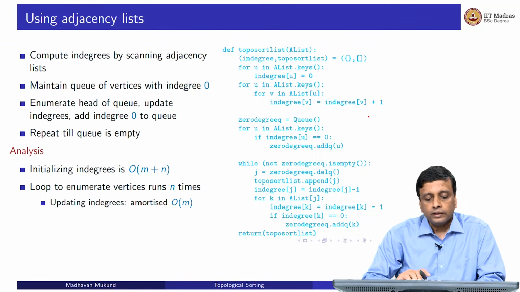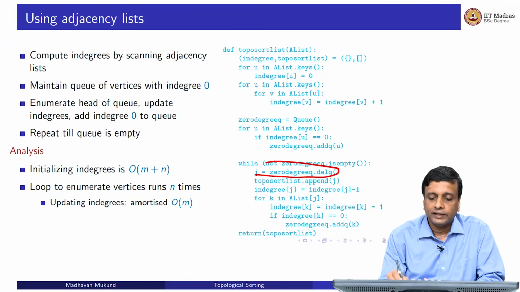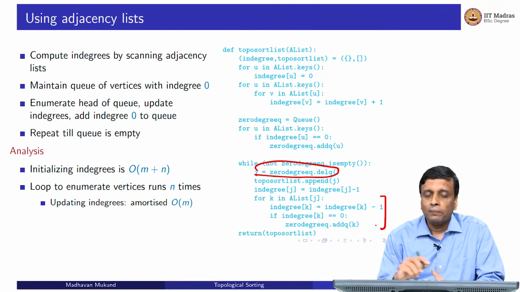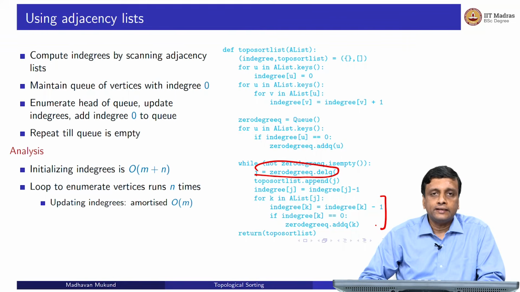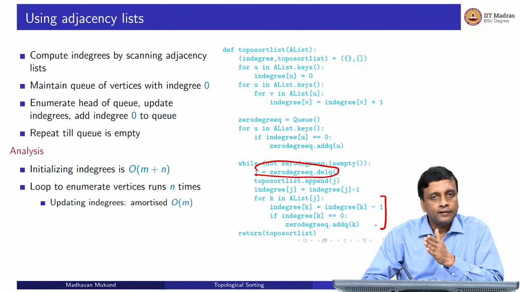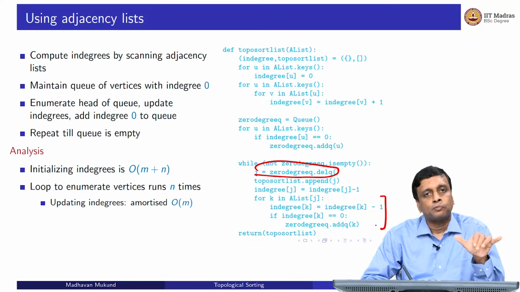Now, inside the loop, getting this vertex to enumerate is free because I just pick it out of the queue. The complex part of the loop is updating the in degrees, but again I am doing it in the adjacency list. When I take a vertex j and enumerate it, I am looking at all its outgoing edges. That is proportional to the degree of j, and across all the vertices, we already saw this in breadth first search.